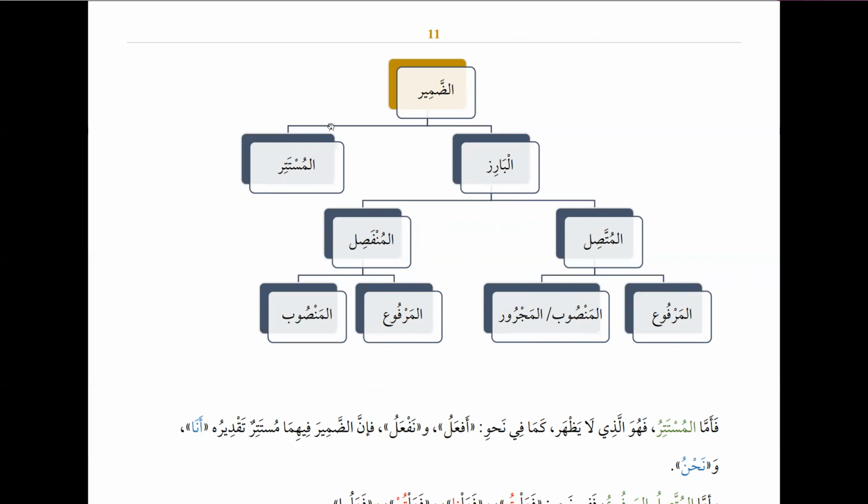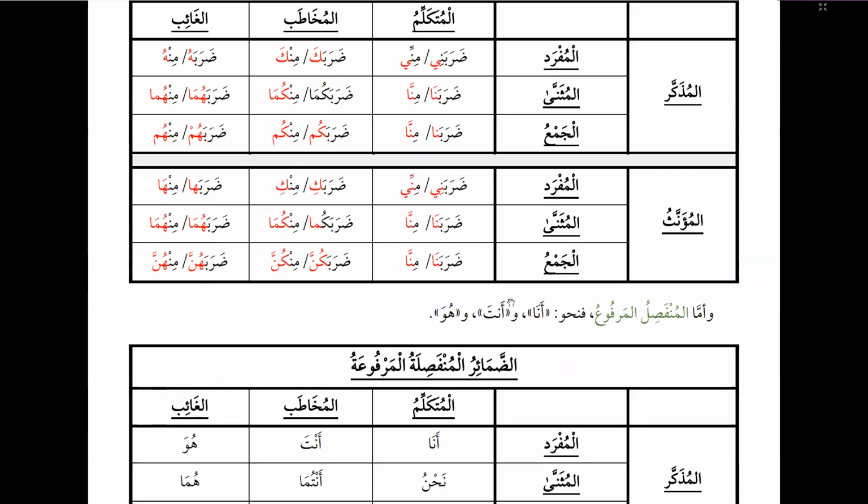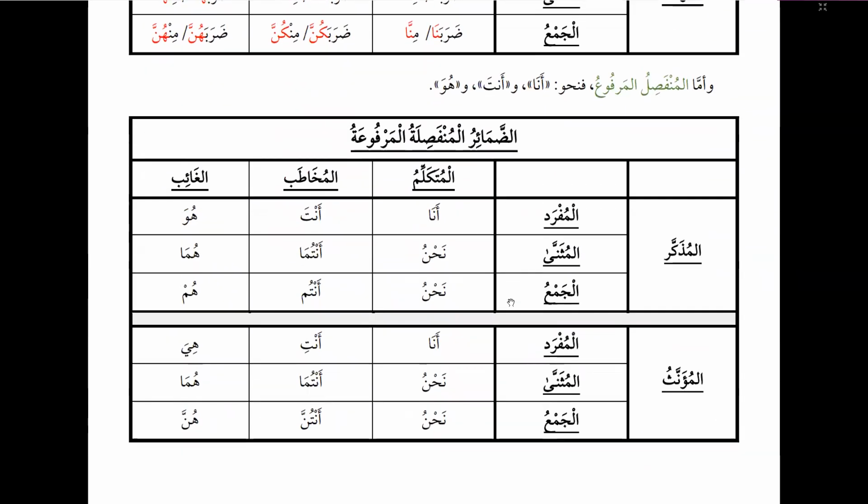طيب بسم الله. طيب. Where do we use these ضمائر منفصل مرفوع? مرفوع is like when you say in English مثلا I, he, she, they, you know, it.